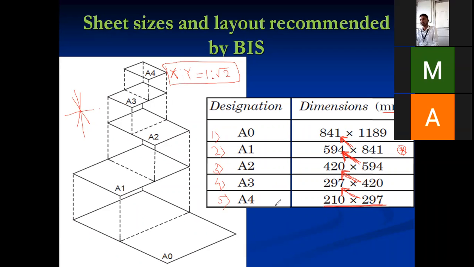How many different sheet sizes are there? 5. Serially you can note down A0, A1, A2, A3, A4. Then what we have to do? Which sheet size do we always have to remember? A4. What is its size?